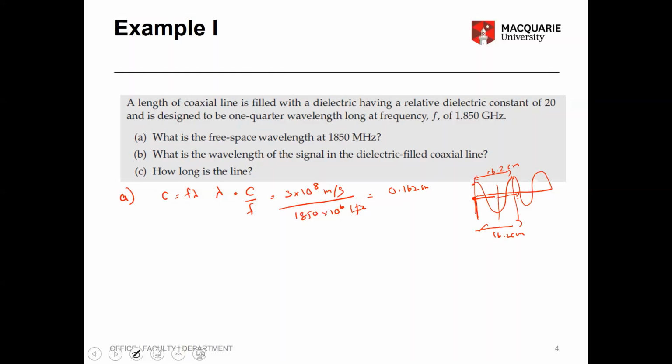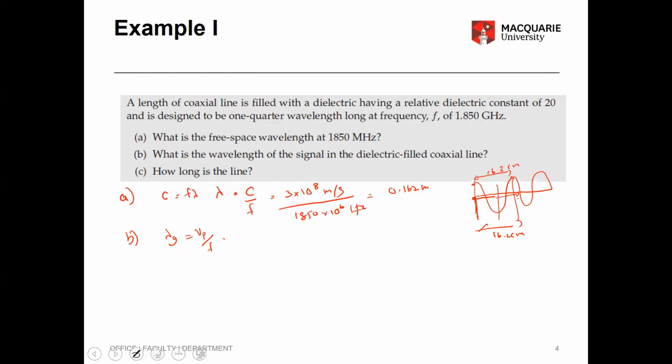So what is the wavelength of the signal in the dielectric filled coaxial line? Basically they are asking for the wavelength of the guided wave. Now we know that it's Vp over f. The problem is, how do we find Vp?